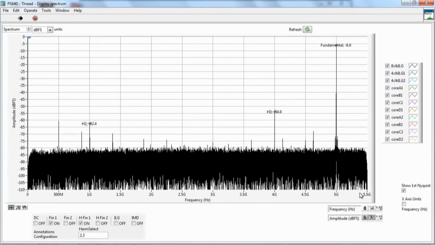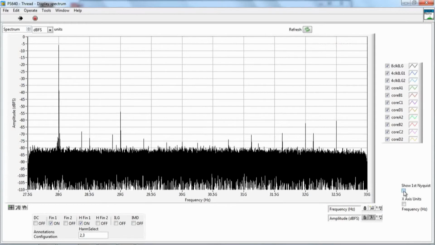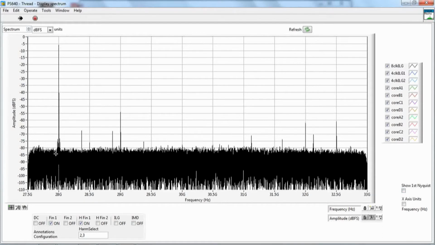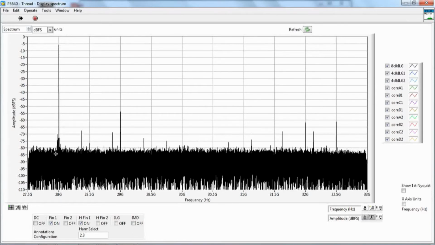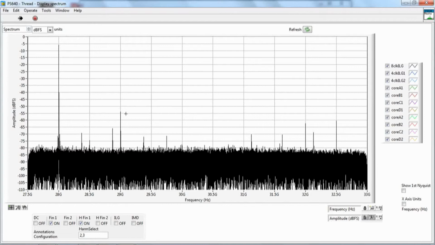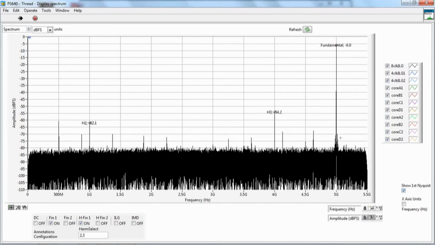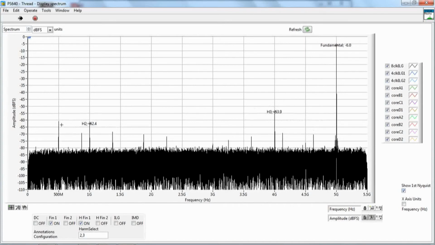So this is a full Nyquist zone we can see on the screen. This is just for an input continuous wave tone at 28 gigahertz generated by the signal generator, and you can see the full spectrum folded back into the first Nyquist zone to show the H3, H2, and other spurs.